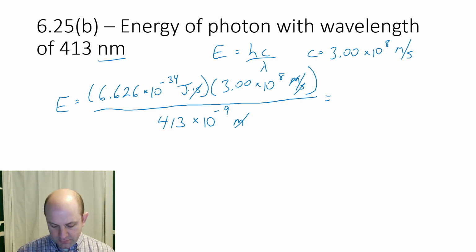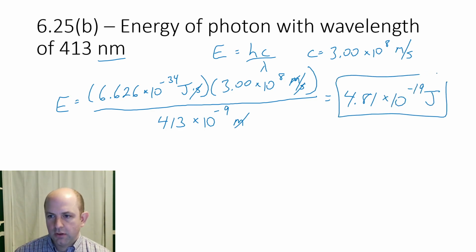So we have 6.626 times 10 to the negative 34th times 3.00 times 10 to the 8th divided by 413 times 10 to the negative 9th, and we get a pretty similar number to the other one, 4.081 times 10 to the negative 19th joules again.